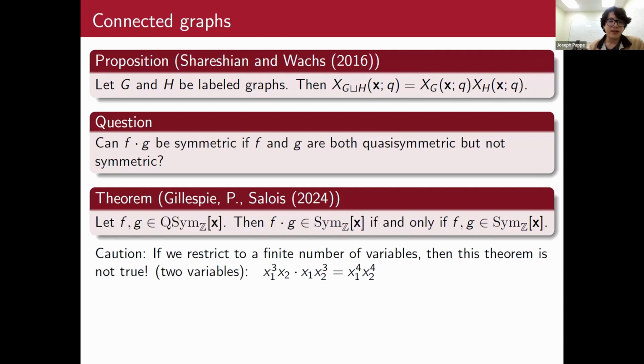And this dichotomy between the functional case and the polynomial case boils down to the fact that the ring of quasisymmetric functions is a unique factorization domain, while if you restrict to polynomials, it's not.